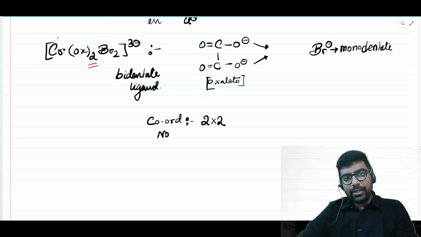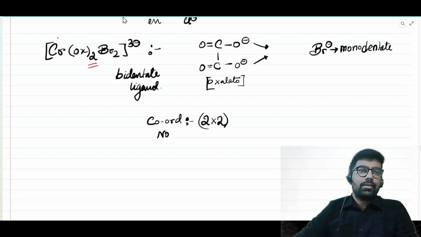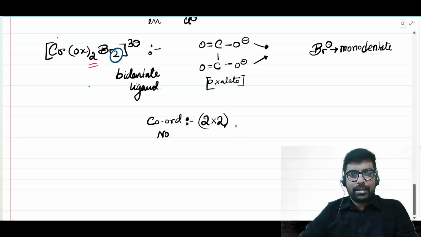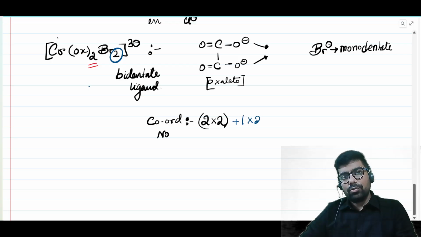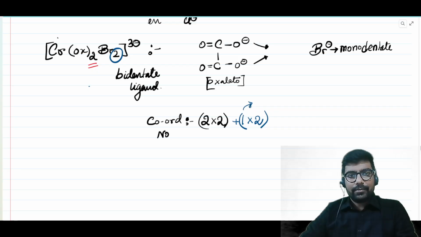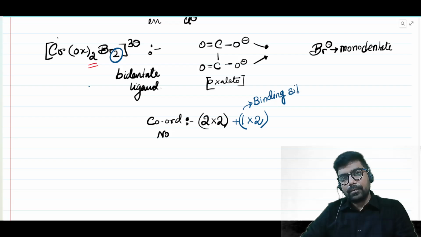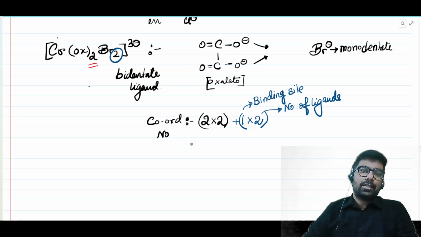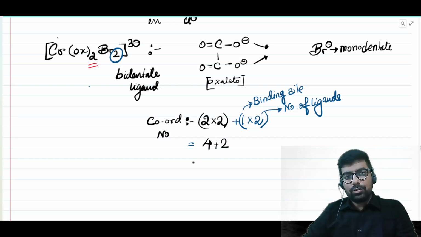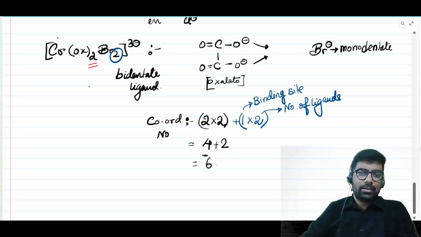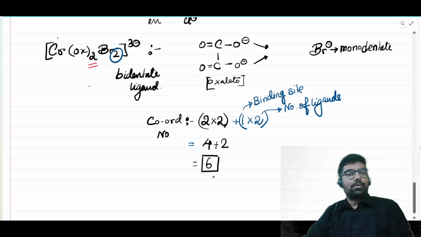So 2 into 2, the same way as the previous example. Then there are monodentate ligands, and there are 2 of them, so 1 binding site into 2 ligands. If we add, we get 4 plus 2, so this is 6. So the coordination number is 6 for this compound.